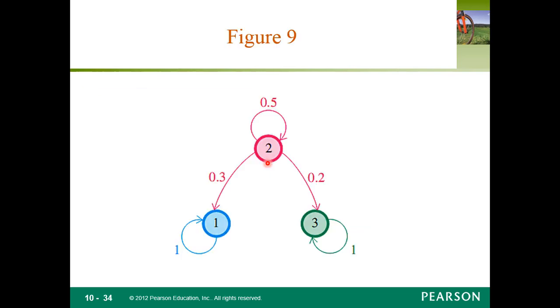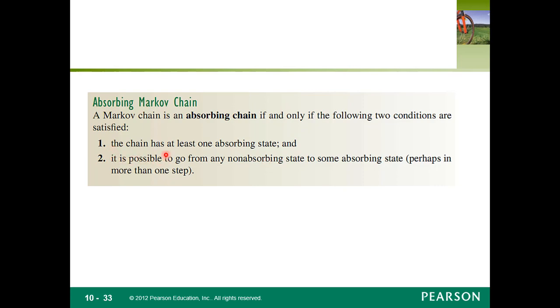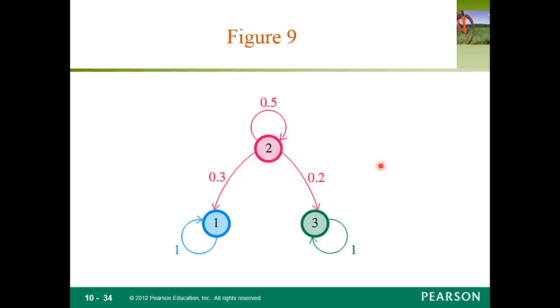So it is possible, not that it will happen, but it is possible, to go from any non-absorbing state to some absorbing state in a certain number of steps. Could be one step, or more than one step.